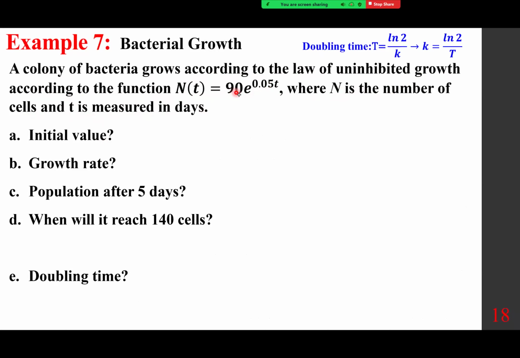Initial value, n of 0 or n sub 0, is 90 e to the power 0.05 times 0. Replace t with 0 and you get 90. You may recognize just this as the initial value, but here's the proof. Now the growth rate, they are referring to k, which is 0.05 or 5%.